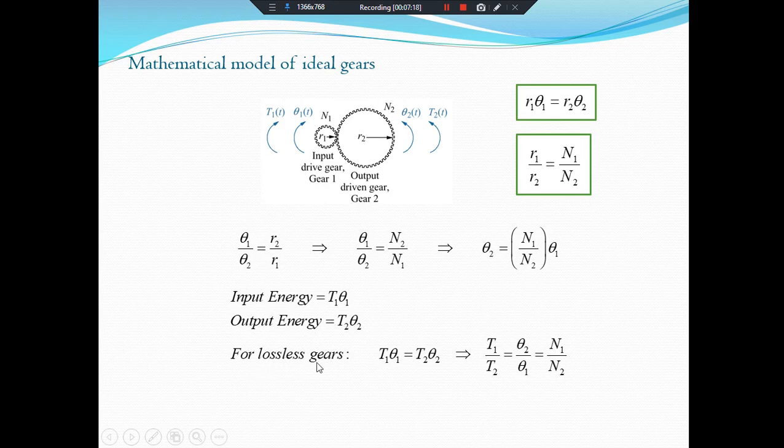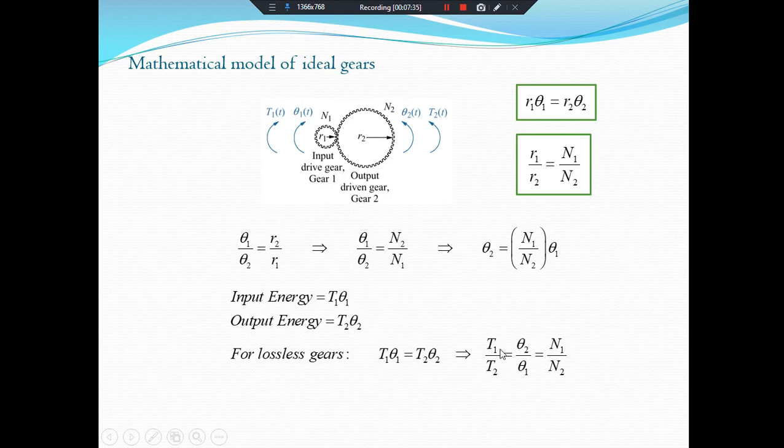So for lossless gears, which you can say are ideal gears, you can write T1 theta 1 equal to T2 into theta 2. So the relation between the torque, the angular displacement, and the number of teeth is written here.